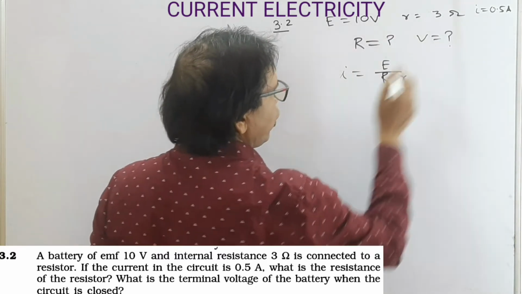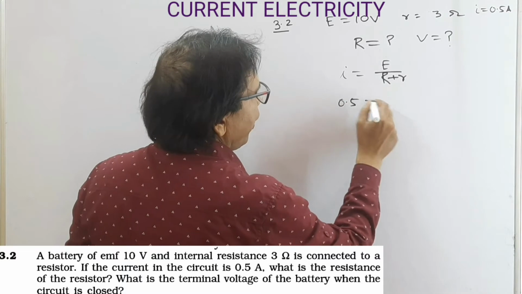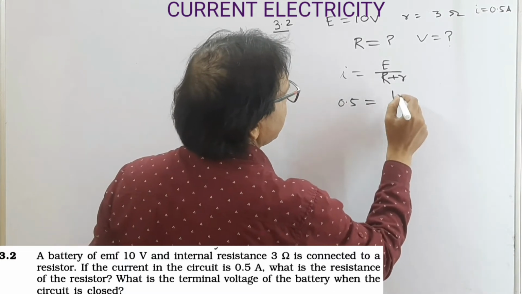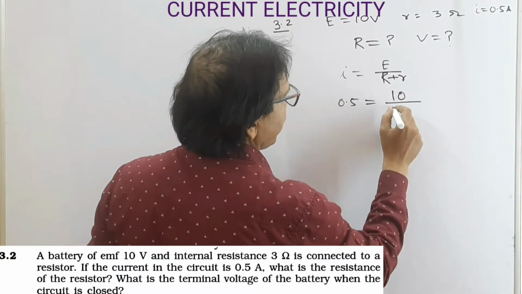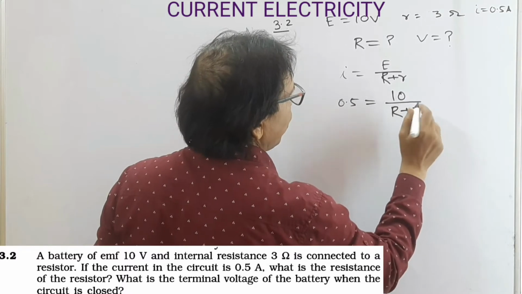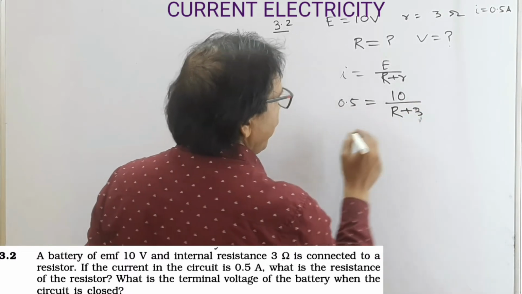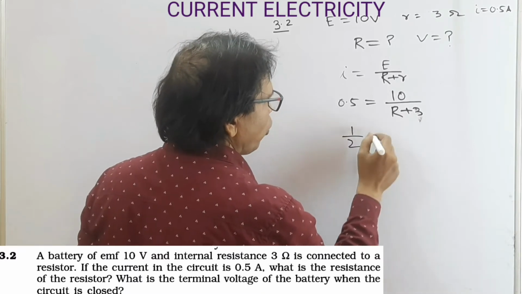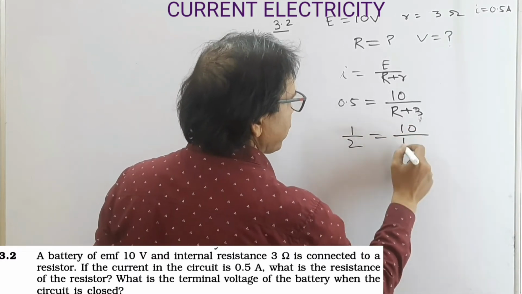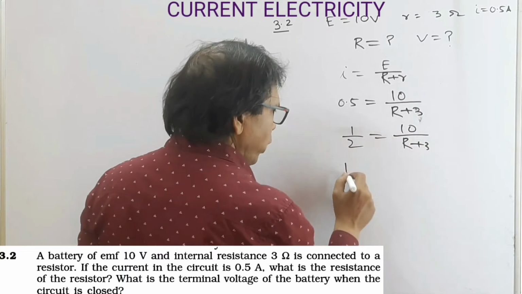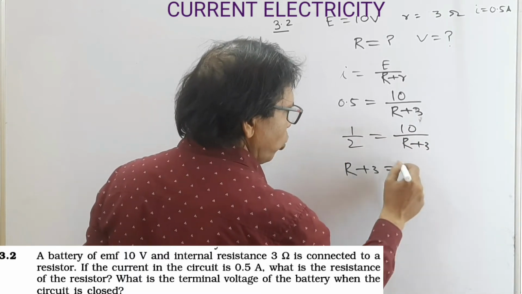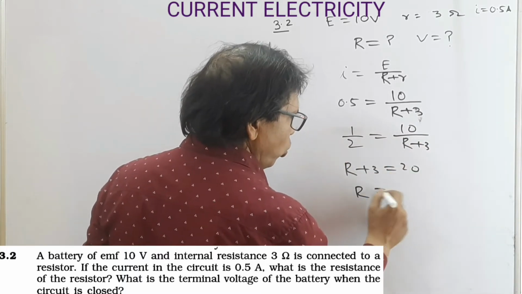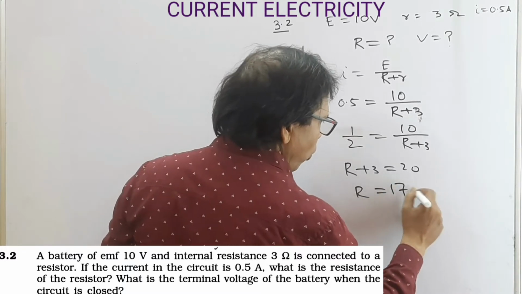Here current I equals 0.5 ampere and E equals 10 volt, R is the unknown, and r is 3. Now 0.5 equals half, so this is 10 divided by R plus 3. So R plus 3 equals 20, so R equals 17 ohm.